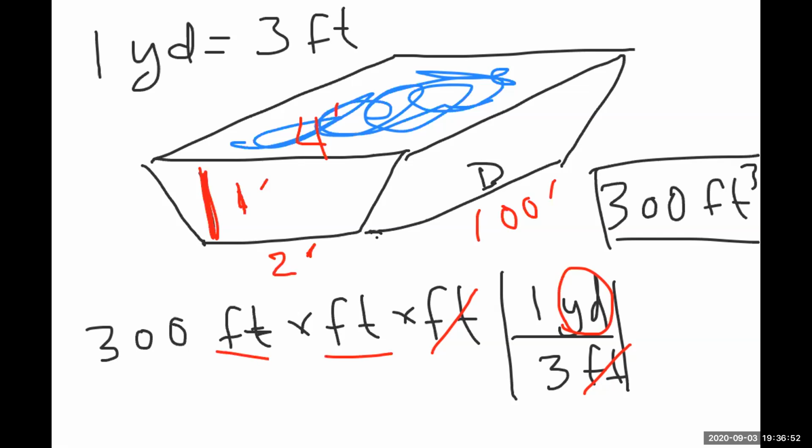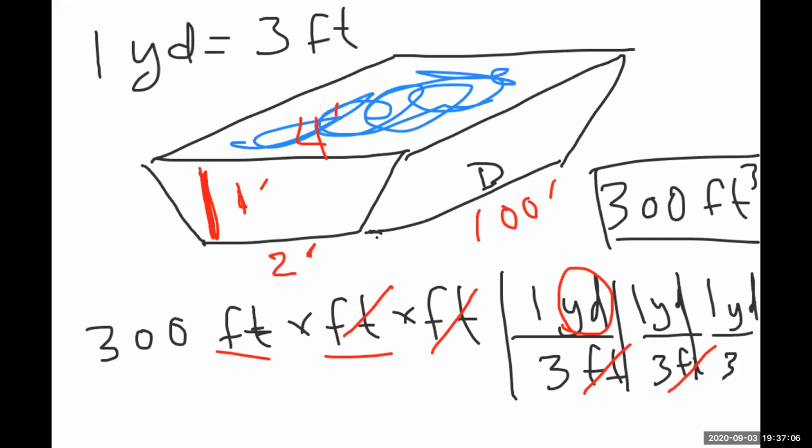So again, I multiply it by 1 yard over 3 feet, and I can cross that out and that out. And I do it one more time, 1 yard over 3 feet. I can cross that out and cross that out. What am I left with?